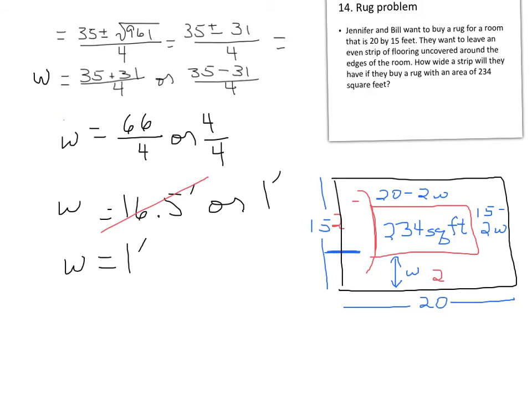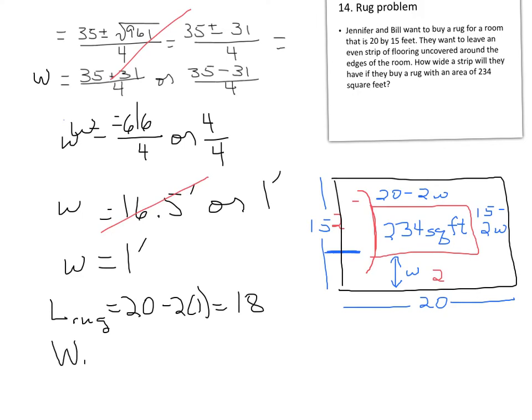So we check that out. If W is 1 foot, then the length of the rug is going to be 20 minus 2W, which is 18. And the width of the rug is going to be 15 minus 2W equals 13.